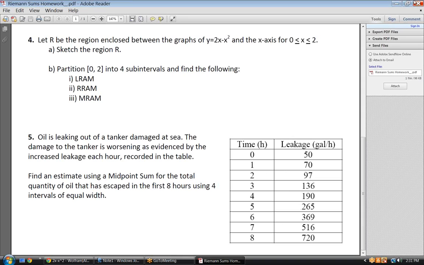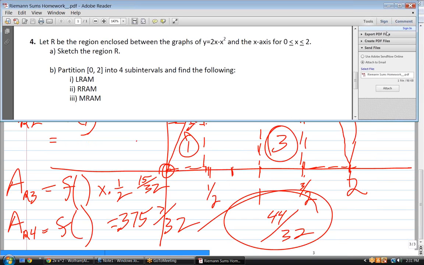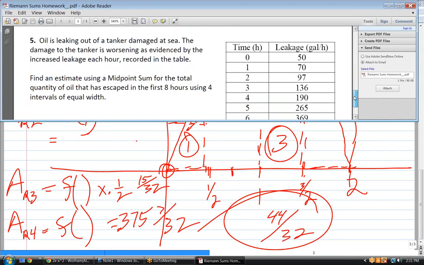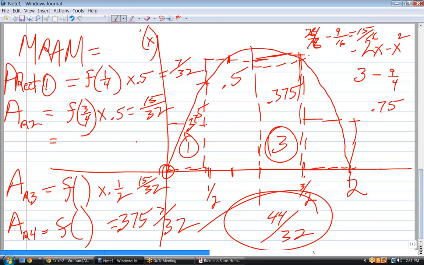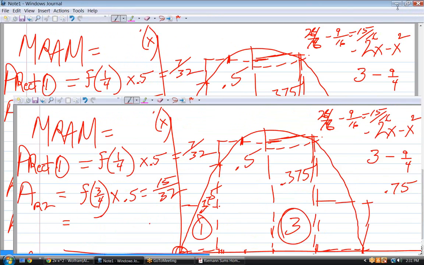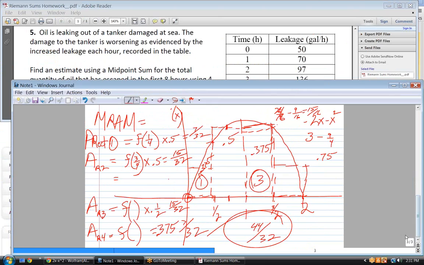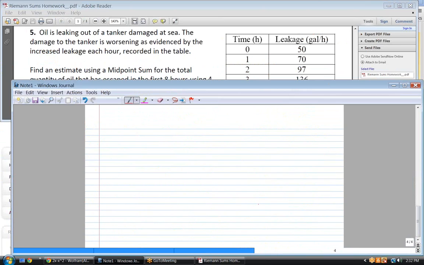In other words, let me just start a little bit of it. At 0, we're at 50. At 1, we're at 70.